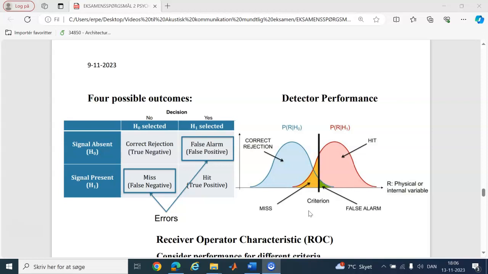That means we are under the P(R|H1) curve, because there is a signal present, but we are to the left of the criterion, and we have this yellow area on the figure. And if the signal is present and we select H1, we get the red one. We hit.